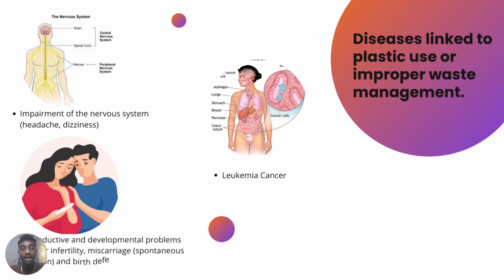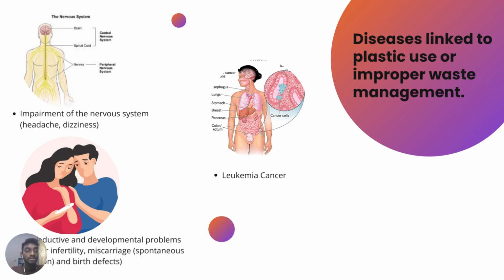So, firstly, what are the diseases that link to plastic use or improper waste management? We can see that there is impairment of the nervous system, such as headache and dizziness, caused by this improper waste management and the usage of plastic. It can also cause leukemia cancer.